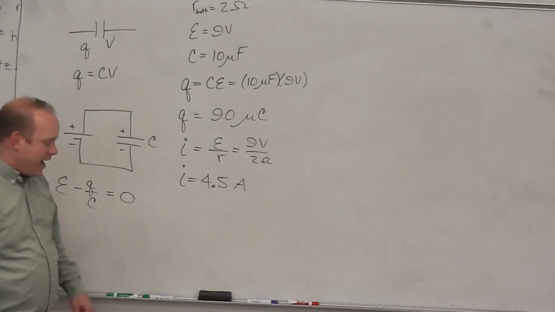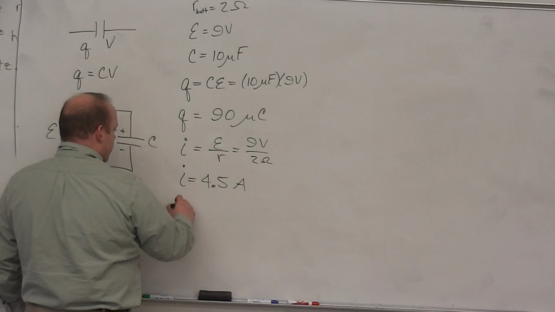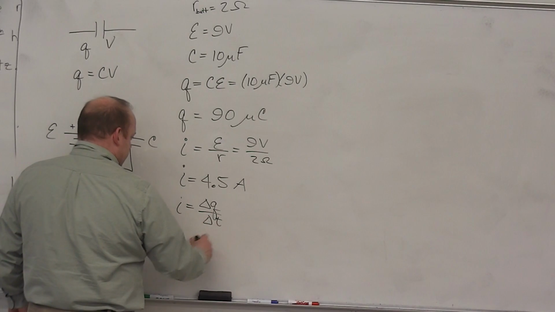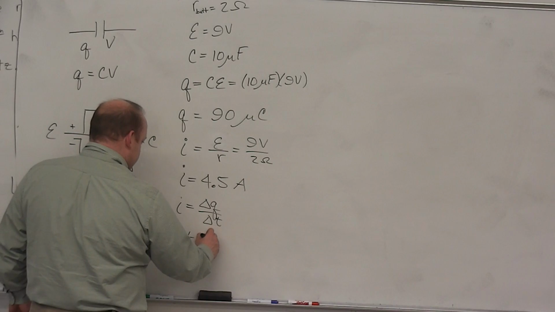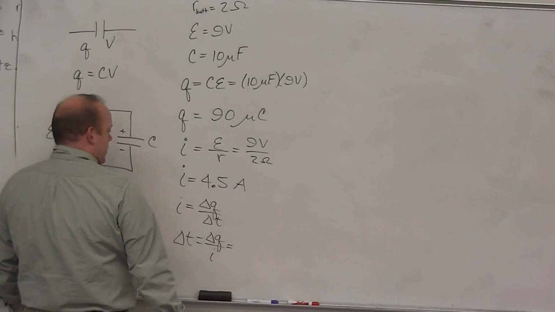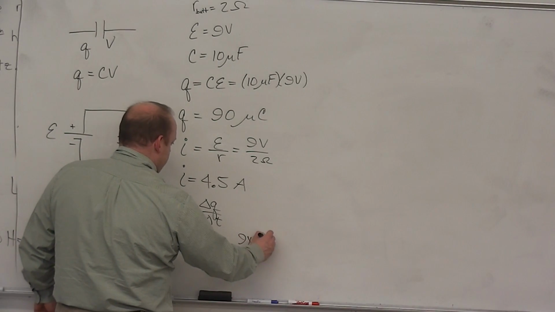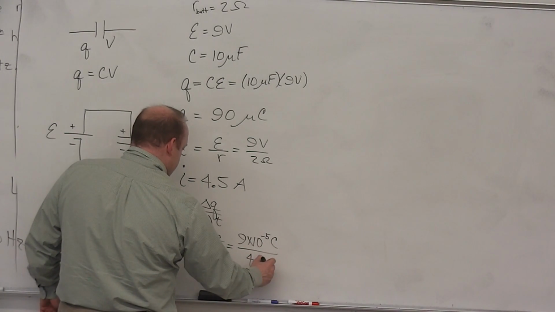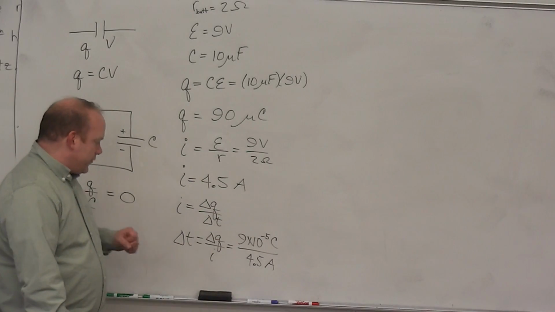If you want to figure out the time, remember I equals delta Q over delta T, so delta T equals delta Q over I. This is 9 times 10 to the minus 5 coulombs over I, which is 4.5 amps, a coulomb per second. 9 divided by 4.5 is 2.